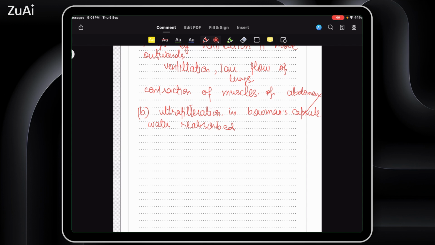And we have the proximal convoluted tubule, the place where reabsorption occurs.